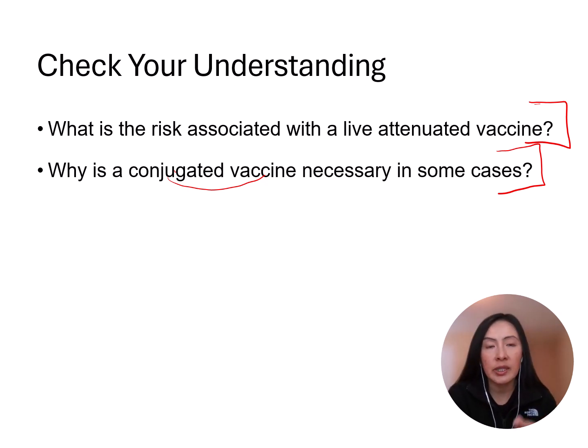So the solution is using conjugate vaccines. This is when we link the polysaccharide to a protein carrier that will convert it to a T-dependent antigen, and this results in a stronger immune response. Now you can also have class switching from the B cells so they can make IgG antibodies. You'll form memory B cells, and this provides effective immunity in infants and young children.